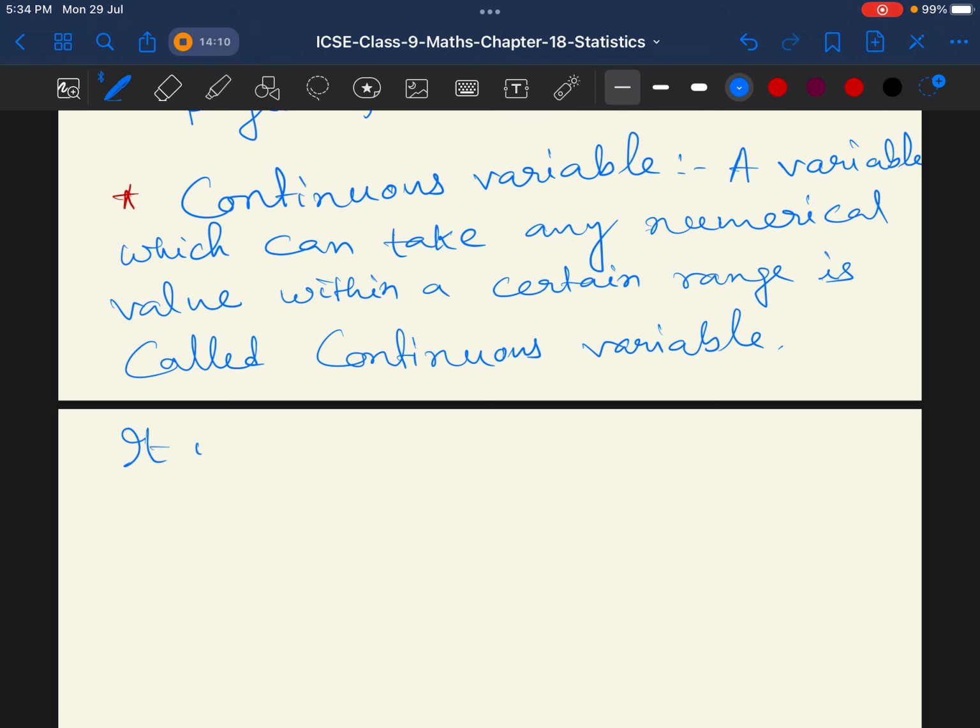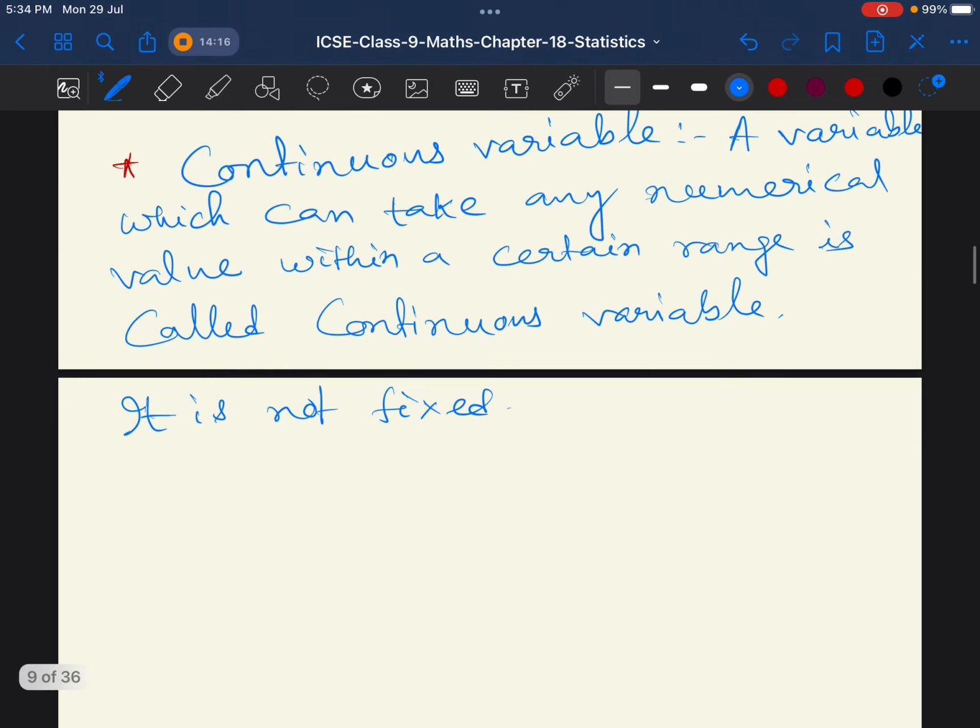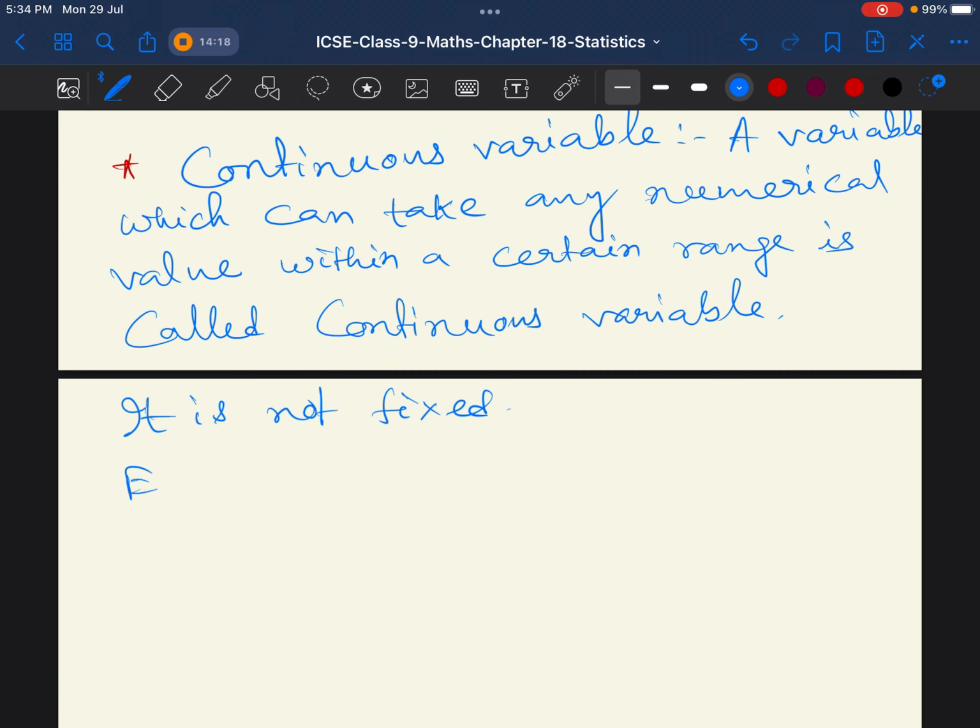And it is not fixed, okay. So some example: heights of children.